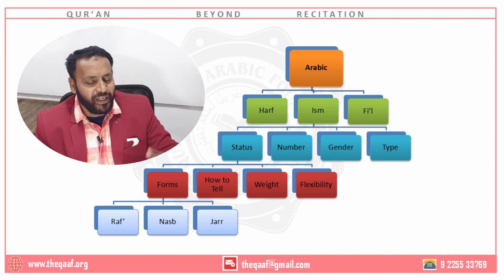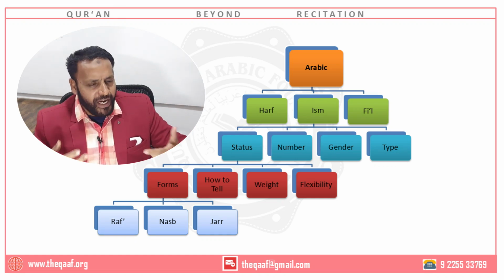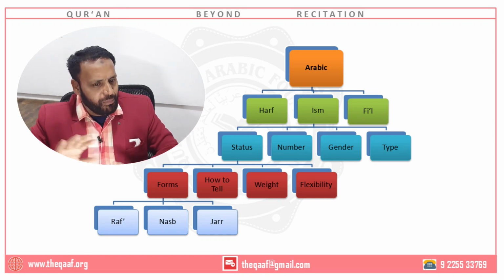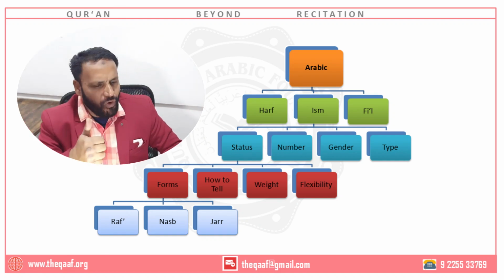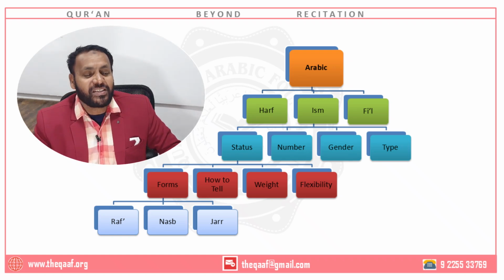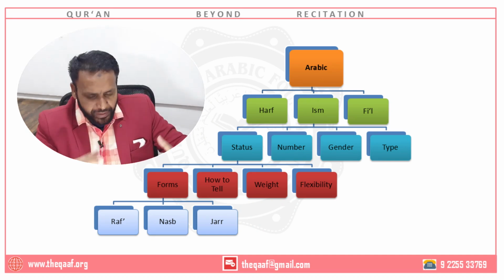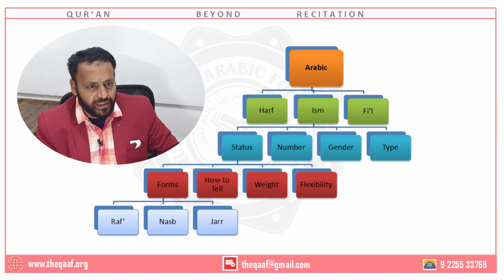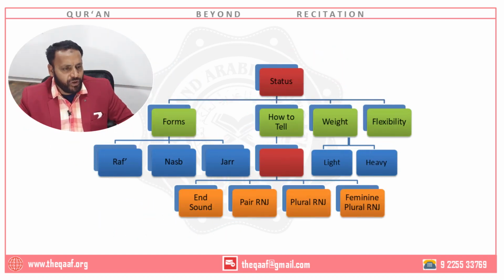So if you look at the screen, we are learning the Arabic language. Arabic has 3 parts of speech. Right now we are studying only status; number, gender, and type we are going to study later. Under status there are 4 items, as I told you: forms of status, how to tell status, weight of the status, and the last item is the flexibility of the status. Now if I zoom in on this flowchart, this is what I get. Under status I have 4 items. Forms of status, which means rafa, nasb, jar.